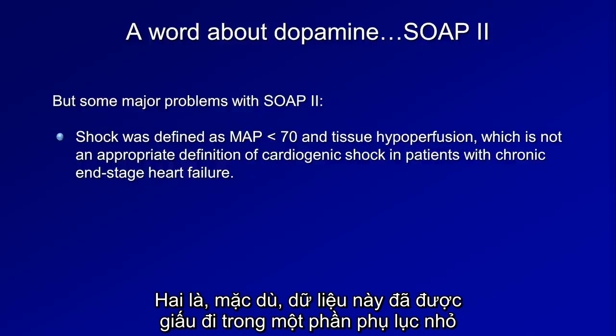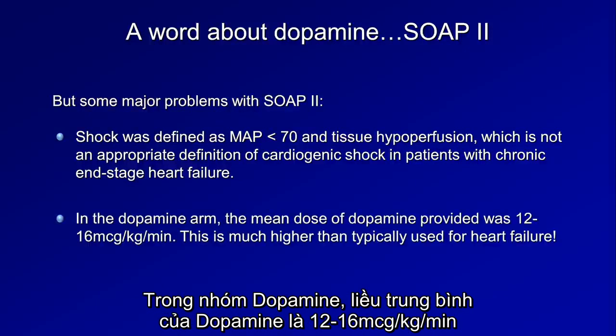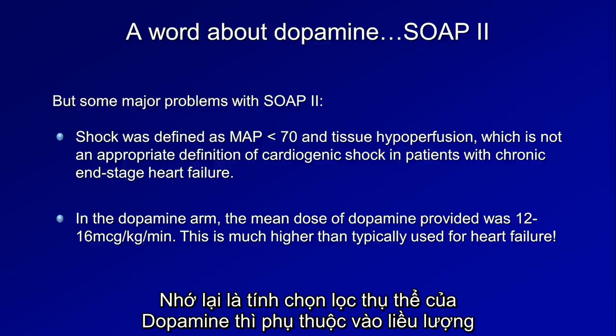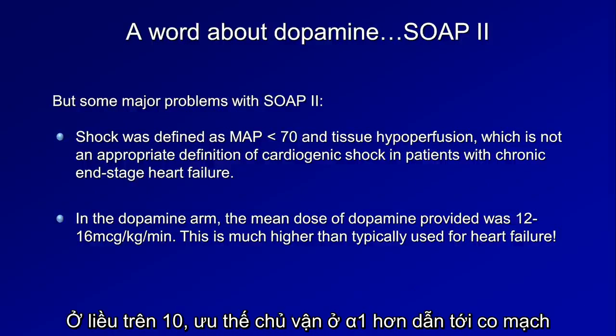Second, although this data was hidden away in a little seen appendix, in the dopamine arm, the mean dose of dopamine provided was 12 to 16 micrograms per kilogram per minute. This is much higher than typically used for heart failure. Remember that receptor selectivity of dopamine is dose dependent. At doses above 10, there is greater alpha-1 agonism, leading to vasoconstriction.